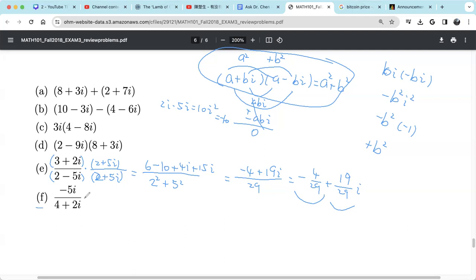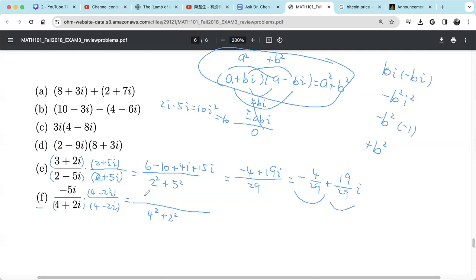F, similarly for F, we want to multiply by 4 minus 2i in the numerator and in the denominator. Again, by the sum of two squares, we get 4 squared plus 2 squared. All because of the i, it changes to a sum.